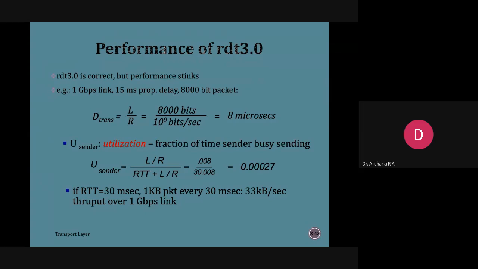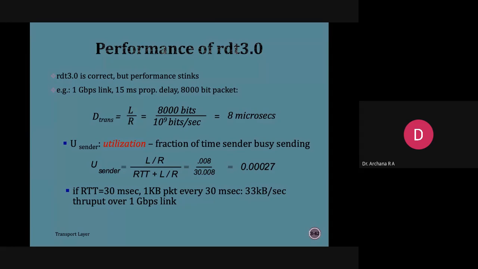Or else, we can say the sender is busy sending only 2.7 hundredths of 1% of the time.